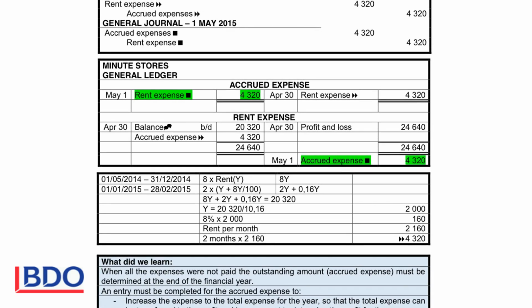Okay, so if I look at my calculation, the financial year started on the 1st of May 2014. The rent increase was on the 1st of January. So from the 1st of May up to the 31st of December, that is 8 months, we paid the same amount for rent.